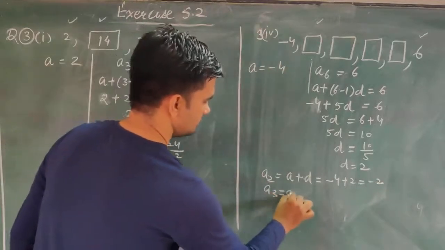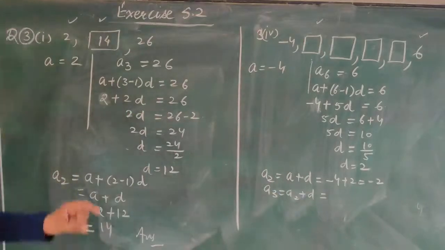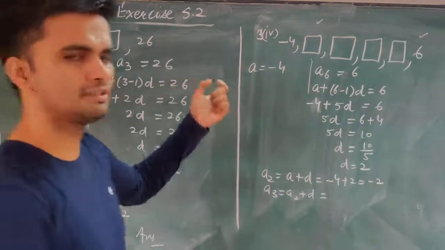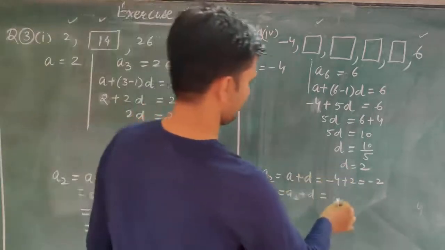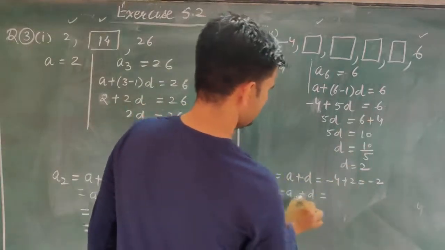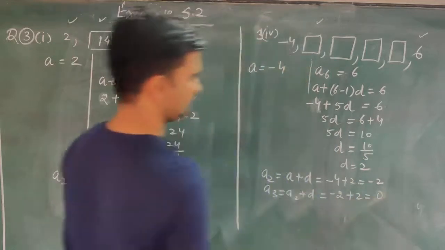Then A3 is equal to A2 plus D, the preceding term plus that fixed number which is called the common difference, right? Then the next one is A2 plus D, minus 2 plus 2, it is equal to 0.